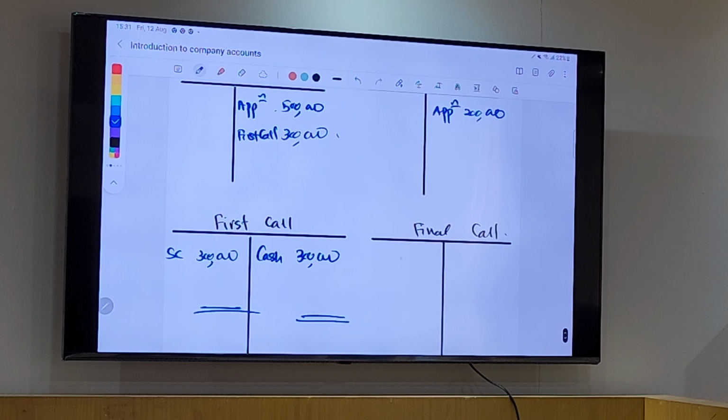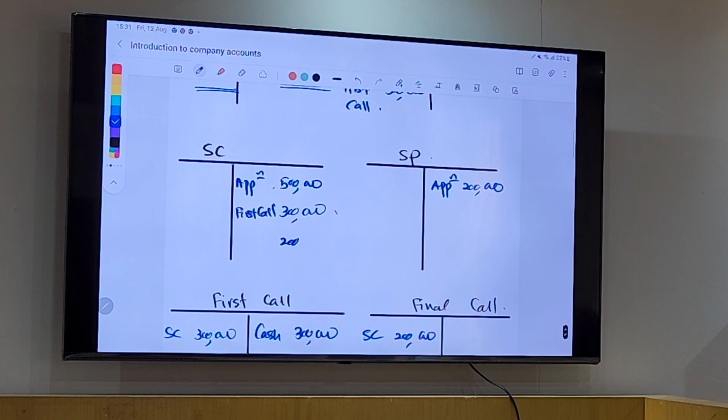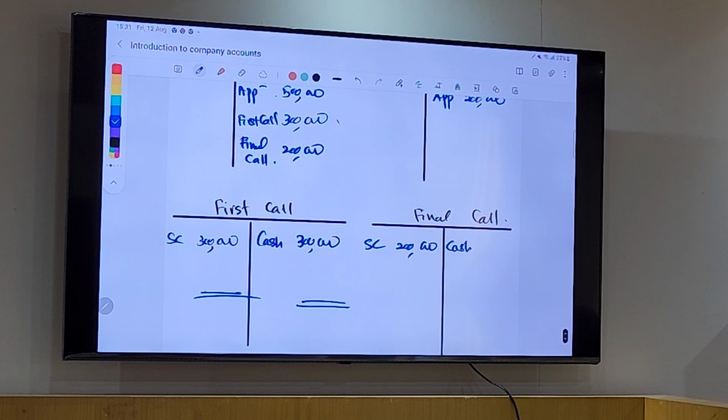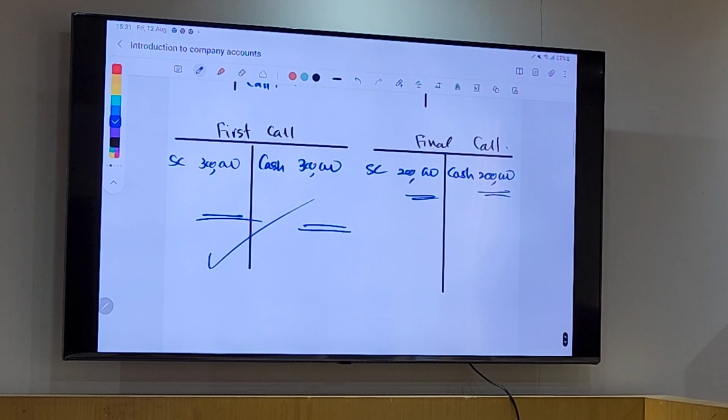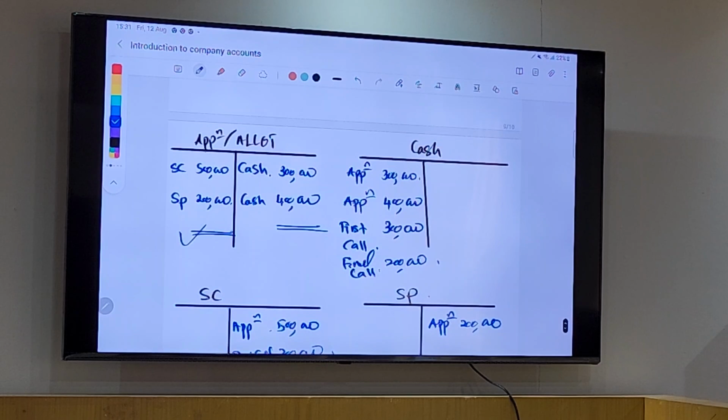Now we make the final call, 200,000 share capital. Now I receive cash. So see, this account closed, this account closed, and this account closed.